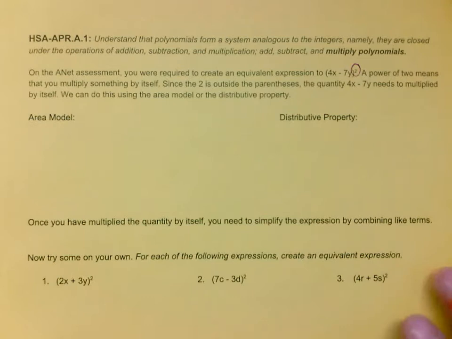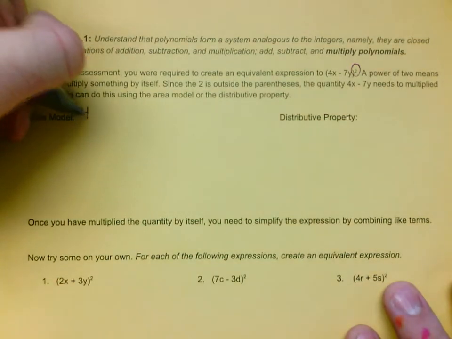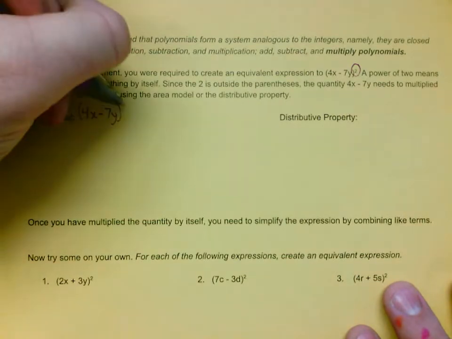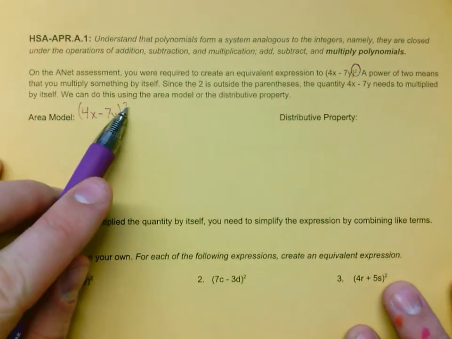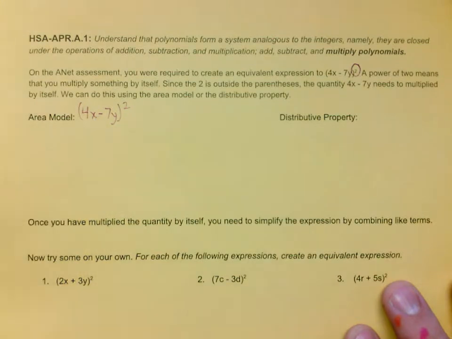If you're going to use the area model, I'm just going to go ahead and recopy down the problem: 4x minus 7y quantity squared. Remember again that the power of 2 outside the parentheses means you're going to multiply what's in the parentheses by itself.